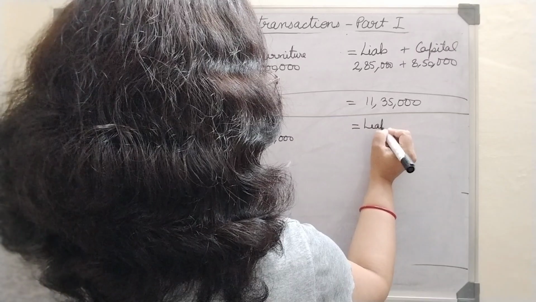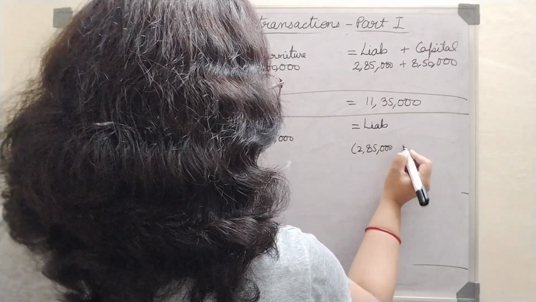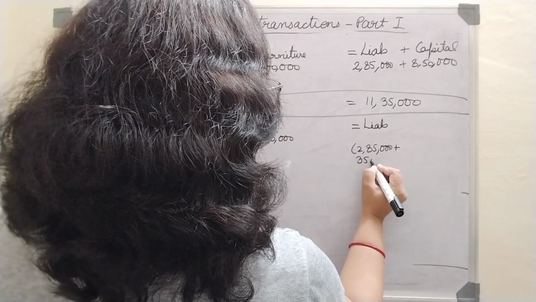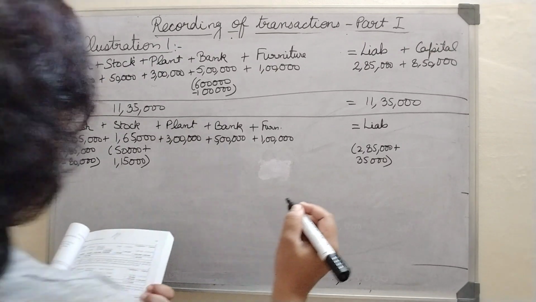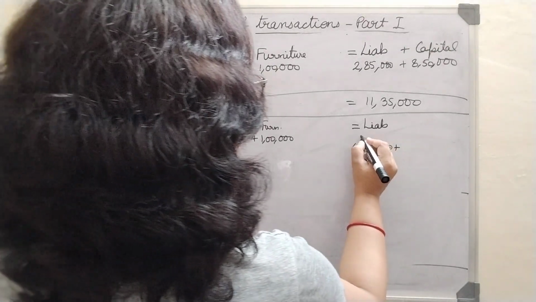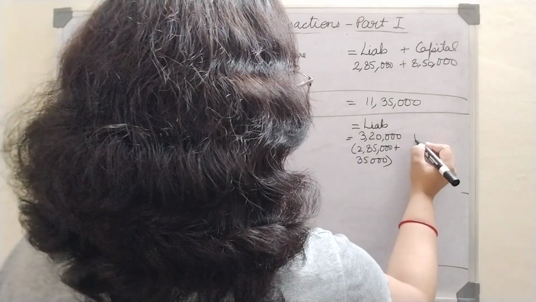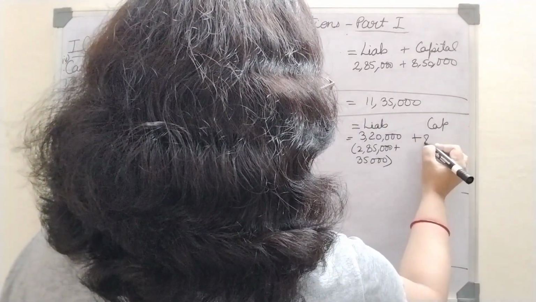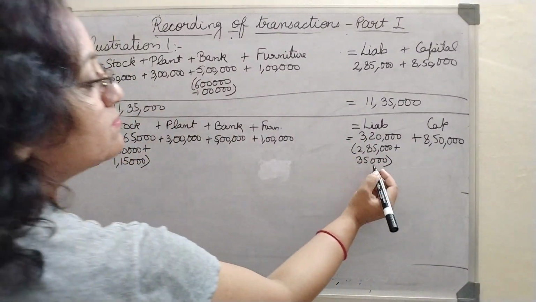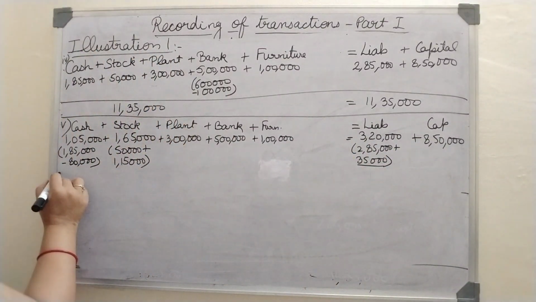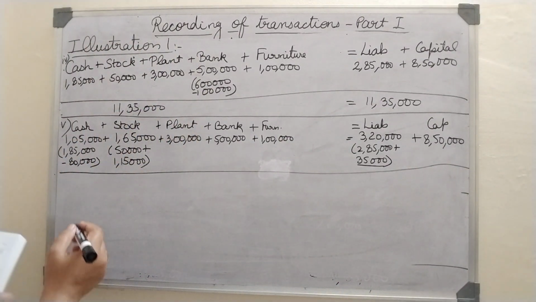So liabilities will be affected: 2,85,000 plus 35,000, it becomes 3,20,000, plus capital is 8,50,000. It remains the same. So my liability has increased because of this credit purchase, right? Now the total of both sides will come as 11,70,000.